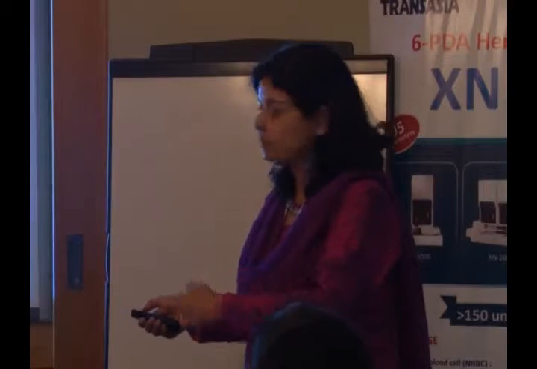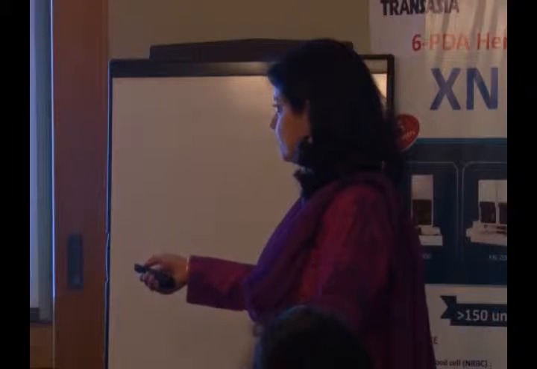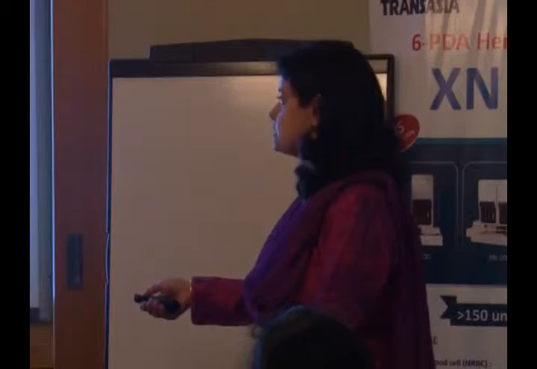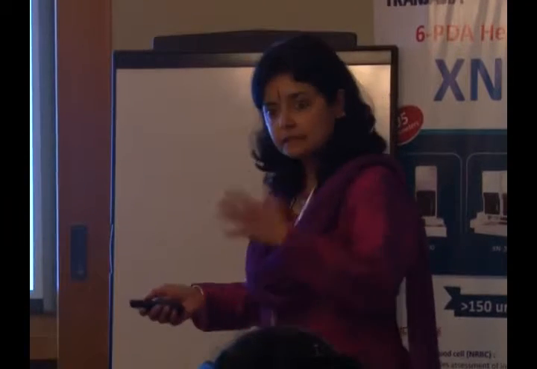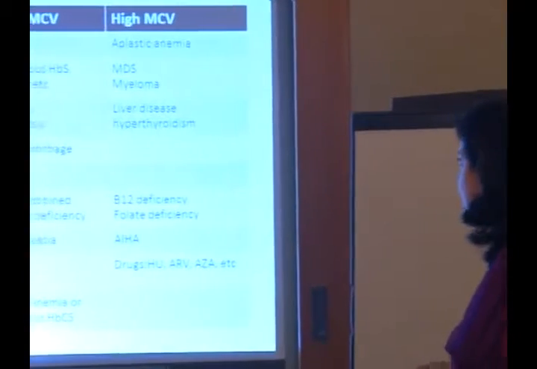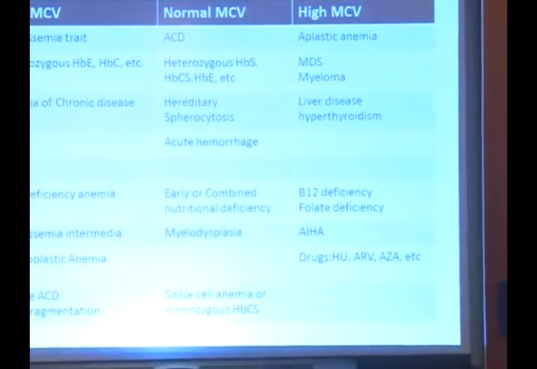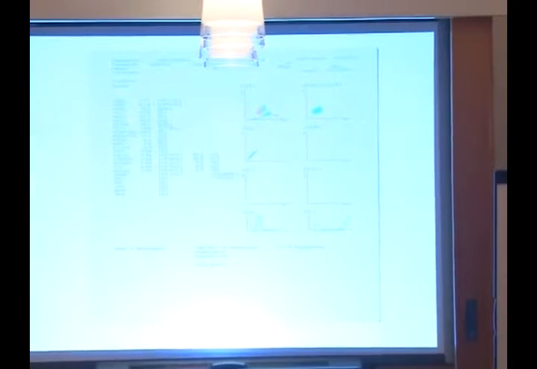So to avoid drawing one more sample, it is good that we use this and then ask for further investigations. So RDW and MCV together, if it is low, we know we are dealing with thalassemia trait. A high RDW is iron deficiency anemia. When it's severe thalassemia, intermedia or thal major, then you can get a high RDW. But then that patient will not just walk in, you already know that he's a thalassemia. So we were using it here to come to a diagnosis. If you see this, hemoglobin is 12.6.